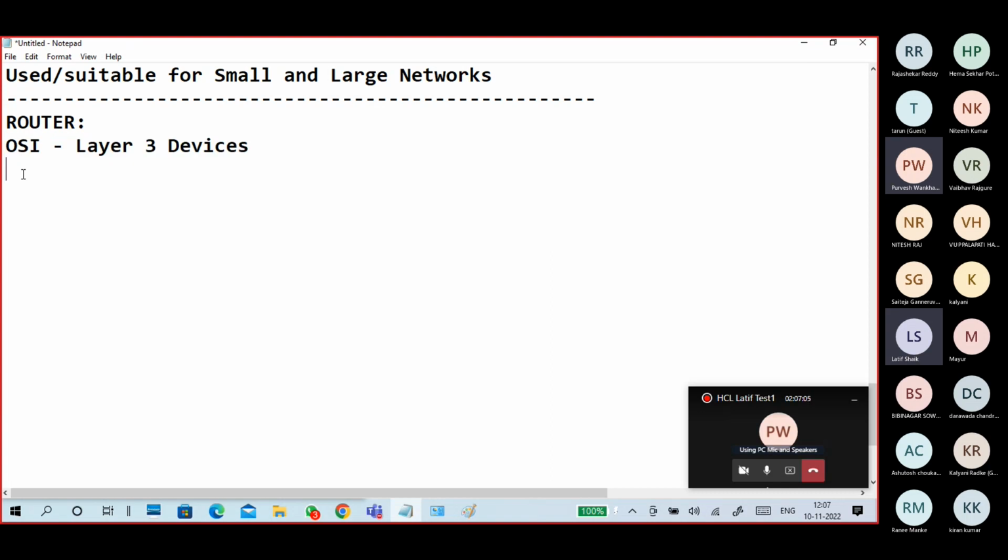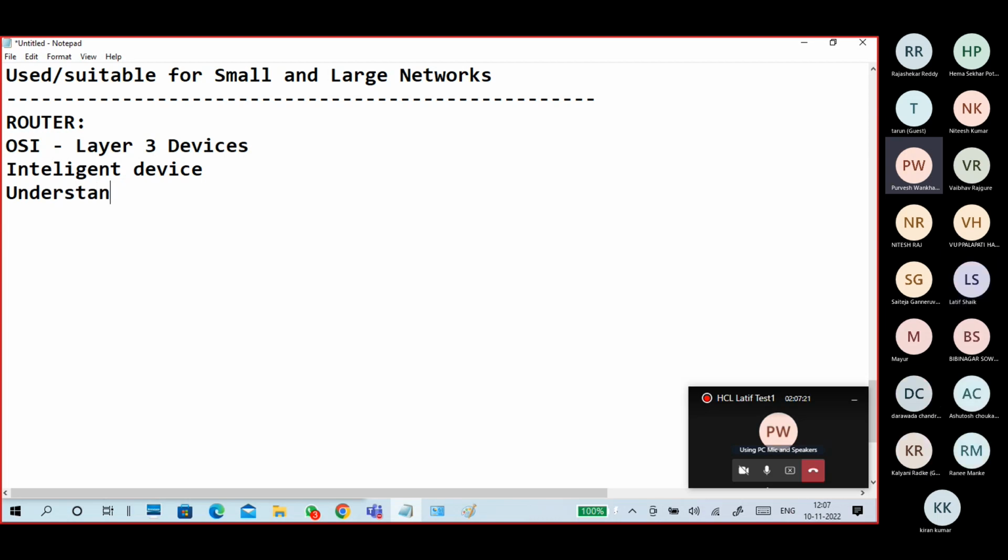It is a layer 3 device. Intelligent device or not intelligent device? Intelligent device. You can understand IP address. Okay, exactly, say logical addressing. It understands logical addresses, for example IP address.